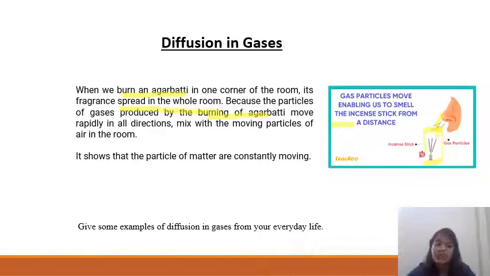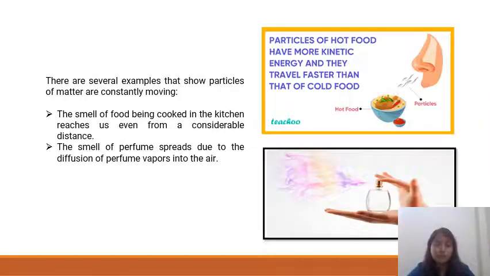Okay, that can also be an example of diffusion. And the second one is the smell of perfume spreading due to the diffusion of perfume vapor into the air. So these are several examples in our day-to-day life.